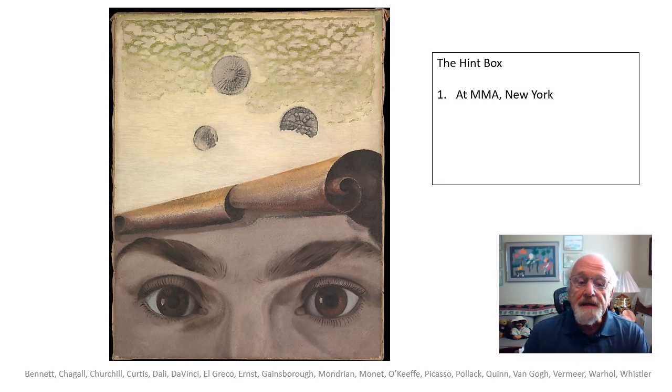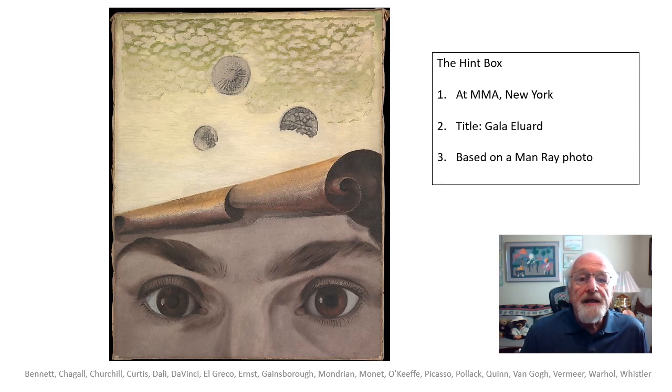Hint number one, this painting is at the Metropolitan Museum of Art in New York. And if you have been there, or if you frequent there, you may be familiar with the painting itself. Two, the title. This should be a big hint or a great misleader. The title of the painting is Gala Eluard.